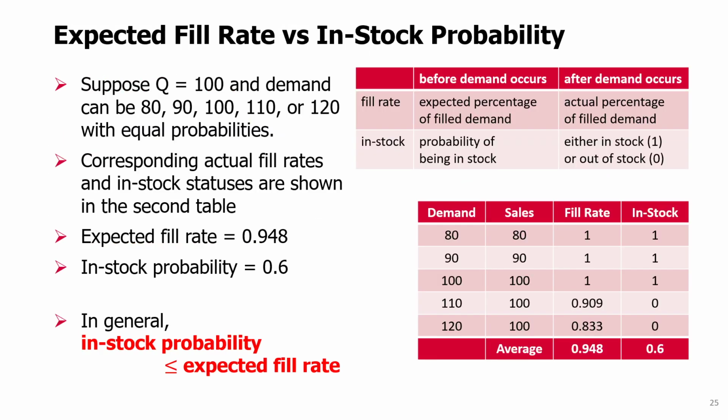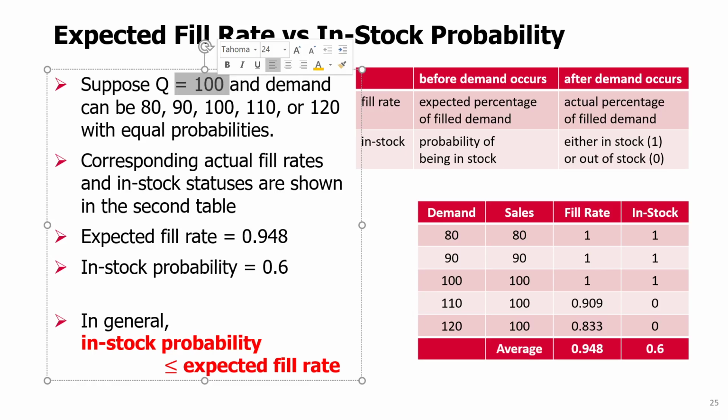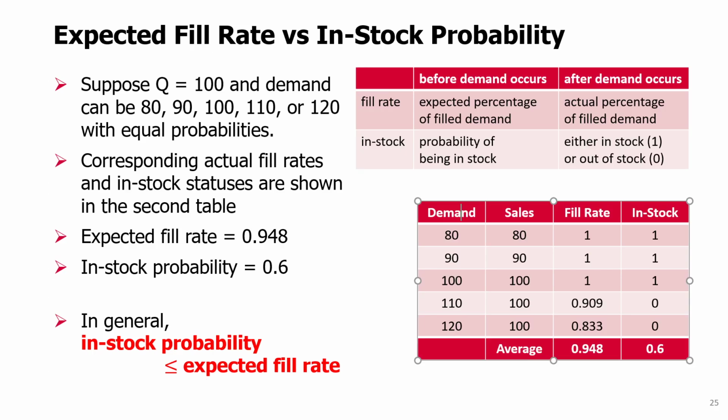And we can actually consider simple examples. So, for example, if I had an order quantity of 100 and I can have a demand 80, 90, 100, 110, or 120 with equal probabilities. This is the table that considers all the cases, right? So if you consider the actual fill rate, not expected, if demand is 80, remember quantity that we have is 100, then we will sell 80, right?